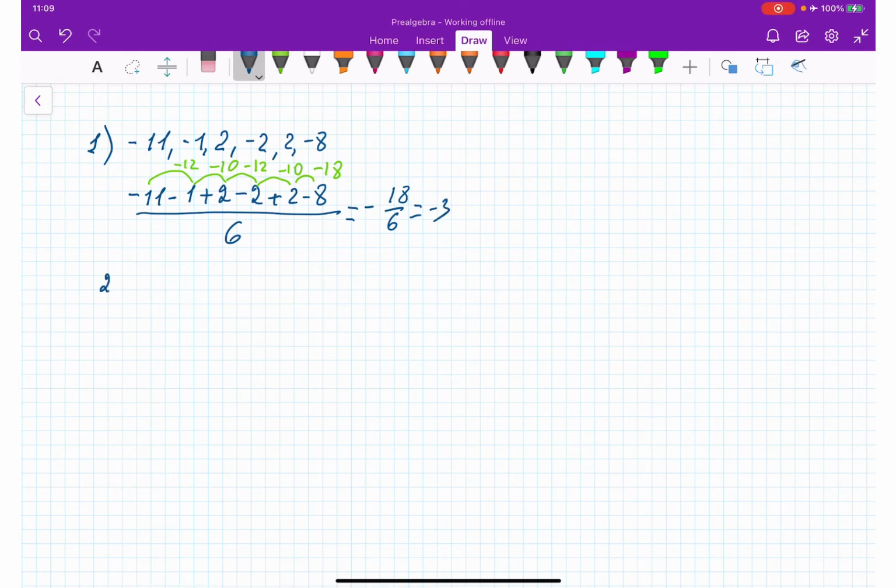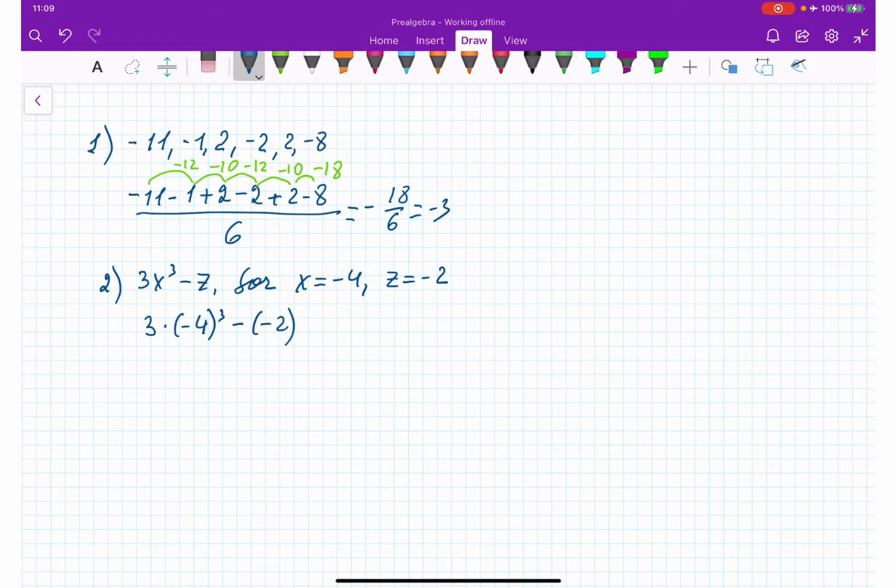Next, evaluate the following expression: 3x cubed minus z to the 4, x is equal negative 4, z is equal negative 2. Okay, 3 times negative 4 cubed minus negative 2.